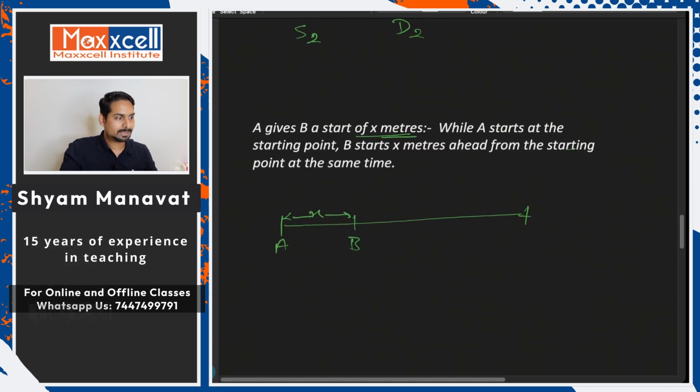Let's say the race is of 100 meters. In a 100-meter race, if A gives a start of 10 meters to B, that means B is going to start where? 10 meters ahead from the starting point, right?